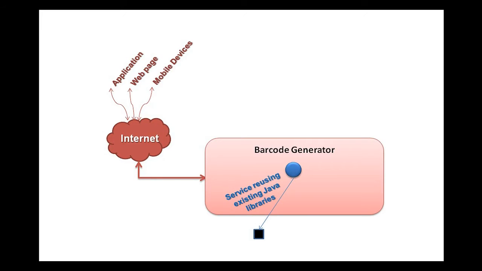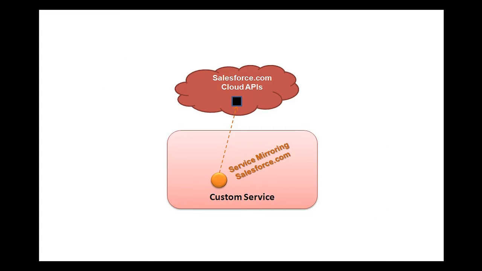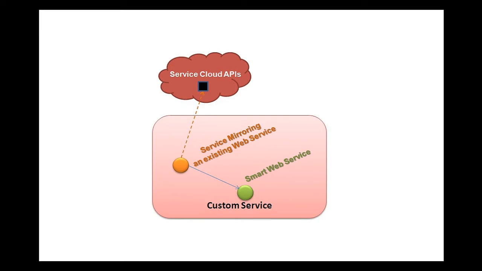The second example will illustrate how custom services can mirror infrastructure, service, and application cloud application programming interfaces through the example of Salesforce.com. The third example will illustrate how to compose basic services to deliver greater value-added business features.